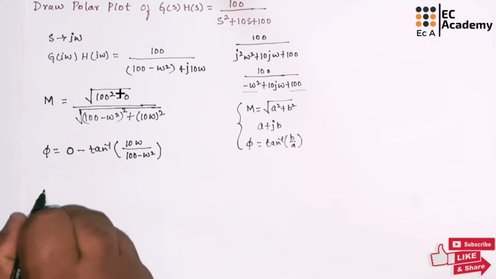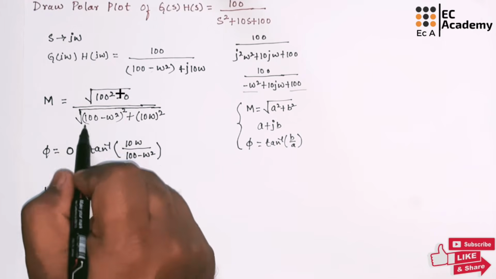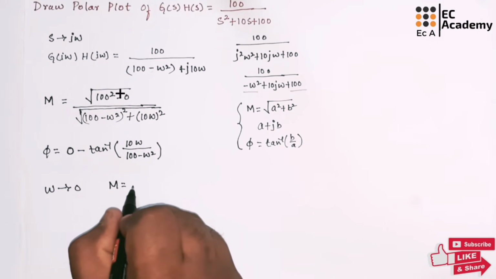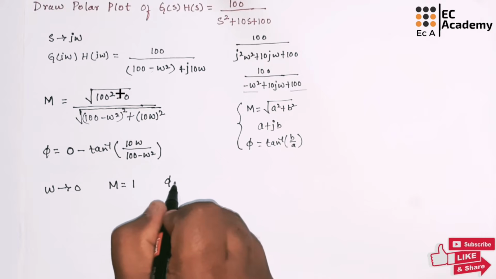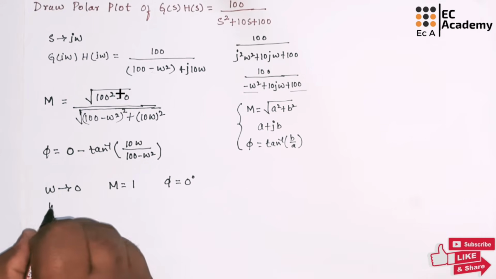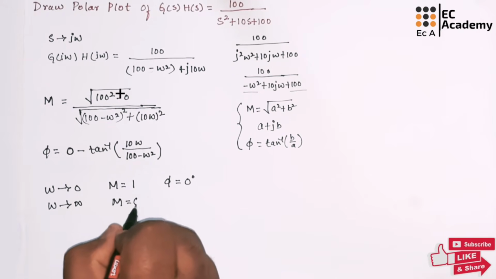Now when omega tends to 0, if we put omega equal to 0, in that case we will get magnitude as 1 and phase as 0 degree. And when omega tends to infinity, magnitude will be equal to 0.